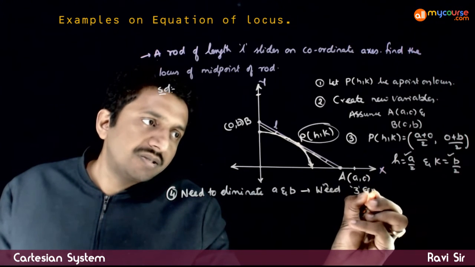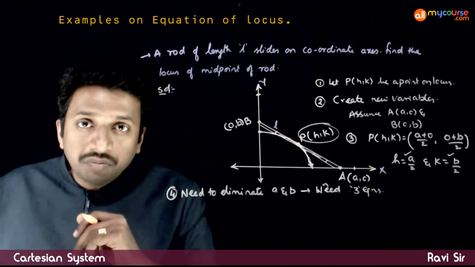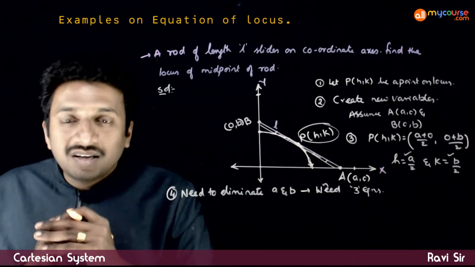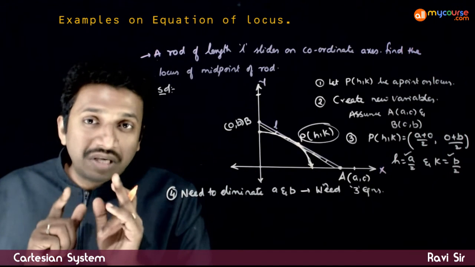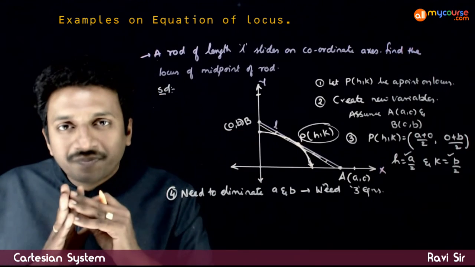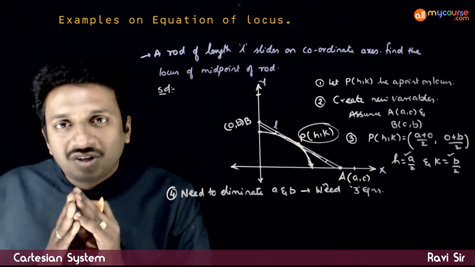You have already two equations with you. So what is the third equation which is present in this question? The third equation which I have not used till now is that the length of the rod is fixed. As the rod is sliding, the length of the rod is not changing.